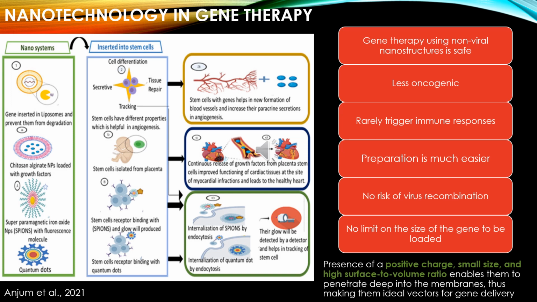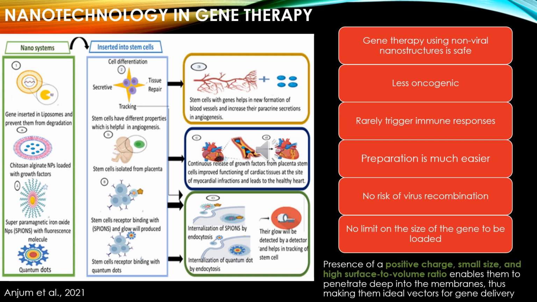And the next one is stem cells bound with SPIONs, which have a fluorescent imaging property that glows when exposed to particular radiation. When SPIONs are internalized by endocytosis, their glow can be detected by a detector, and this helps in tracking the stem cells. The locations can be easily tracked.